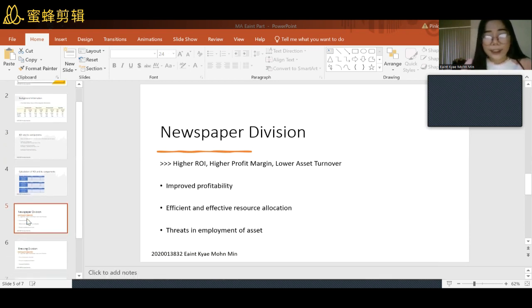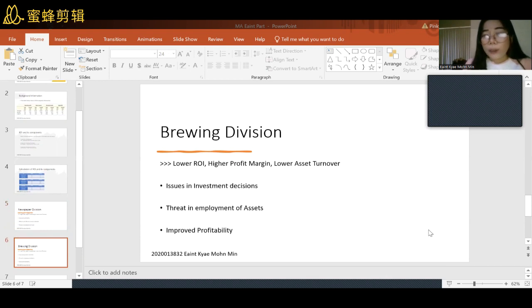And next is the brewing division. We got both lower ROI and lower asset turnover, but we got a higher profit margin. For this, we have some issues in the investment decisions, so that's why we got lower ROI. We need to improve our investment decisions in order to get a higher ROI next year.